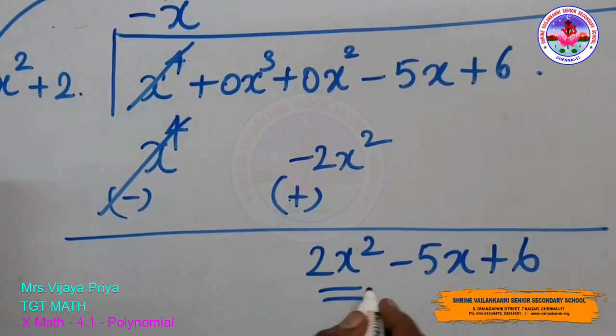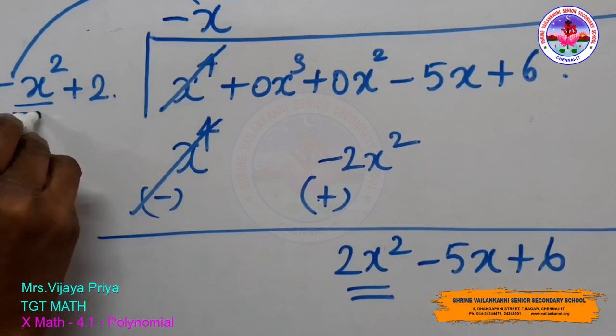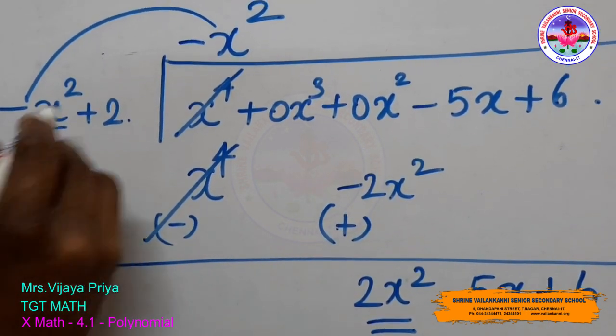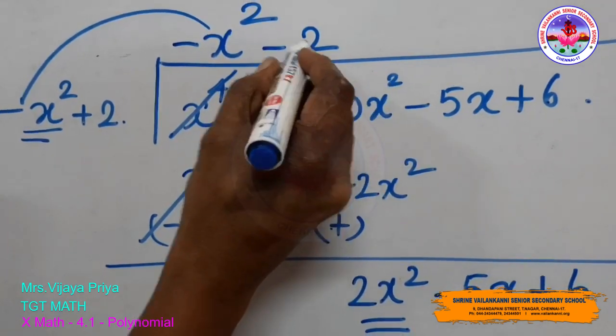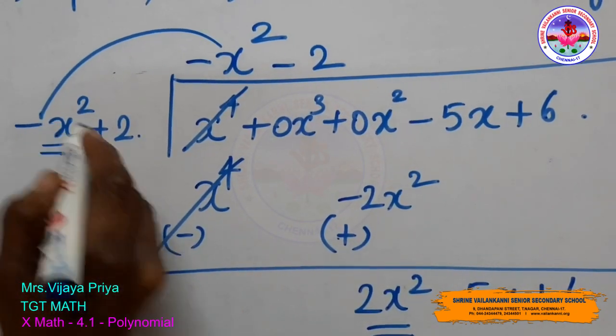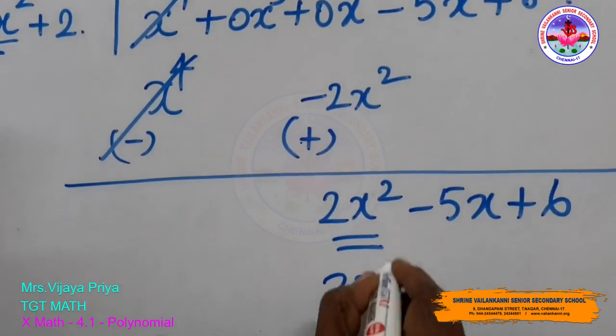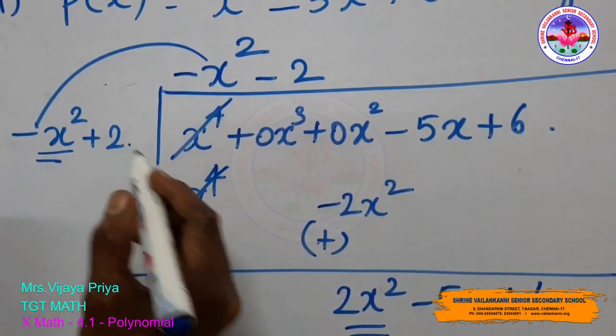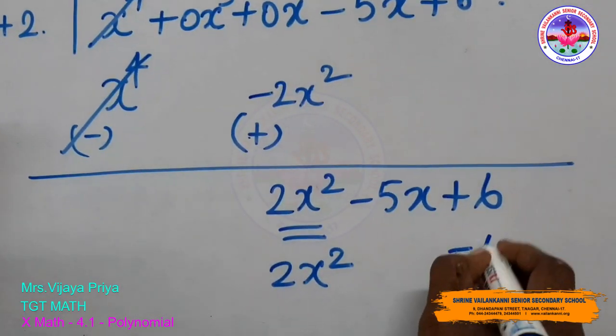Again looking to the first term here and the first term of my g of x, I need to multiply by minus 2, so that minus 2 into minus x squared, I will get plus 2x squared. Again minus 2 into plus 2, I will get minus 4.